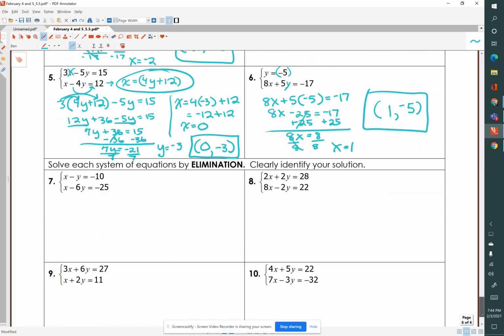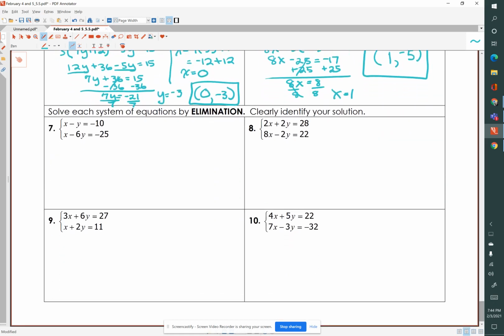So for the last 4 problems, we'll solve those by elimination. Taking a look at number 7, I will just subtract the second equation. Then I will eliminate the x's by subtracting. And negative y minus negative 6y is negative y plus 6y.